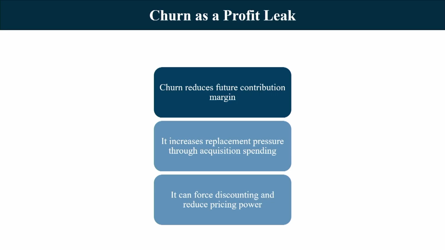First, let us try to understand churn as a phenomenon of profit leak. Whenever there is a churn, as we have already mentioned, we are losing monthly recurring revenue, MRR. It impacts the anticipated profit for the organization, which creates a threat to the long-term sustainability of the brand.